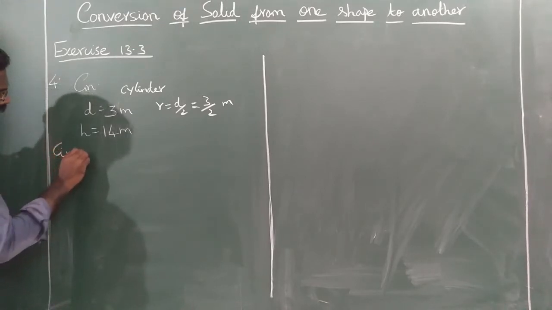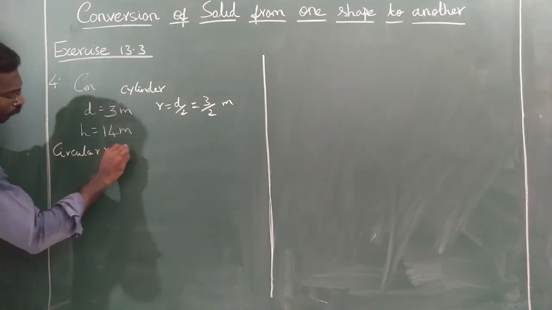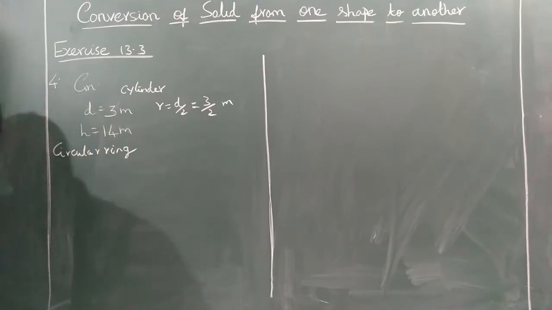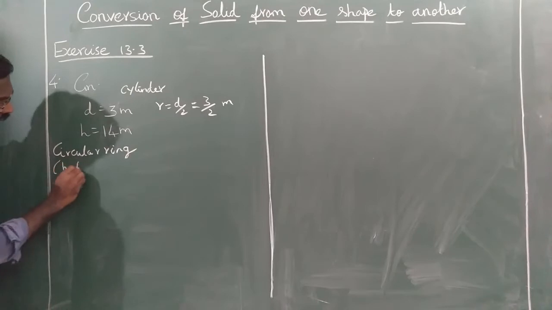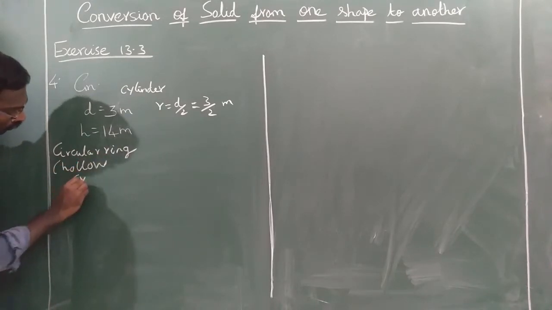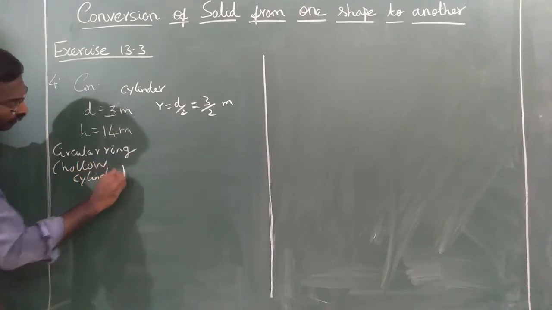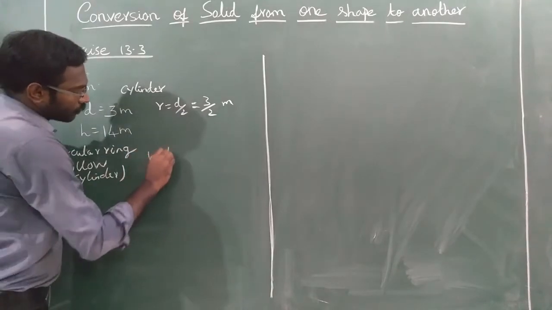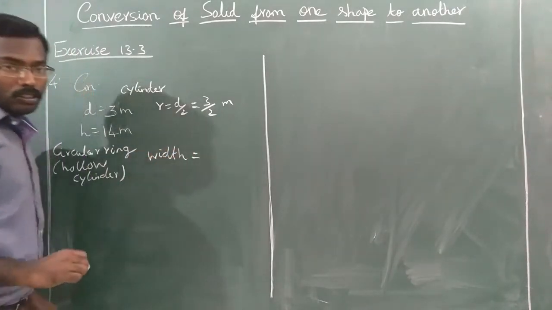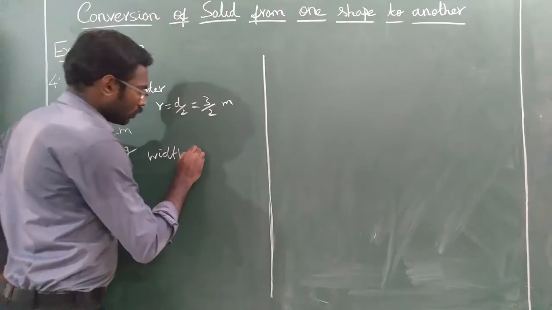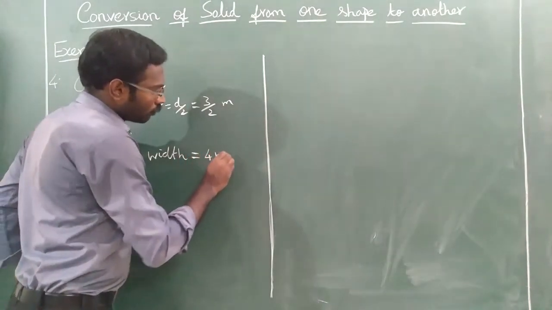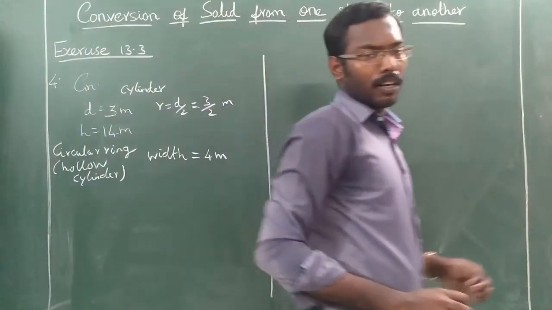Circular ring, another name is hollow cylinder. Hollow cylinder width is equal to 4 meters. Understood or not?